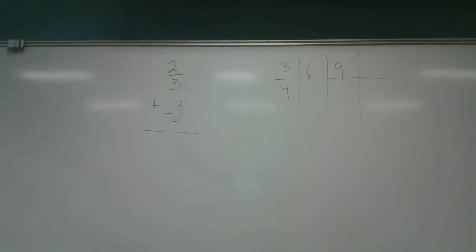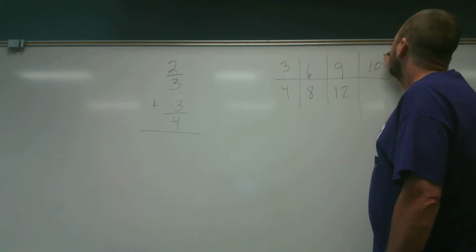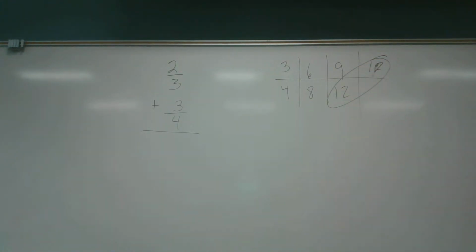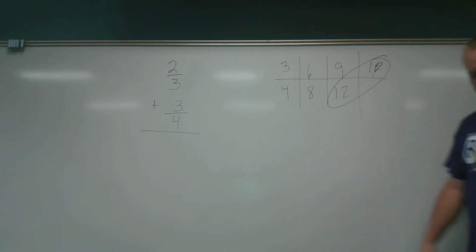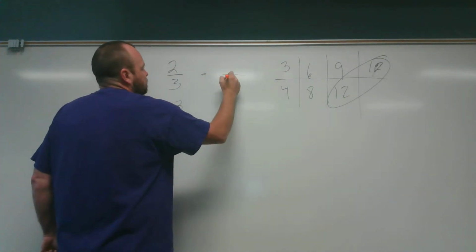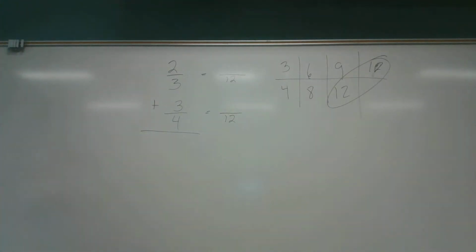It's not 1 times 3, or 1 times 4 and 2 times 2. 12 is our common denominator. So that was the first thing you should have done on number 1. I changed these so that they're both over 12. I can't add or subtract until they have a common denominator.